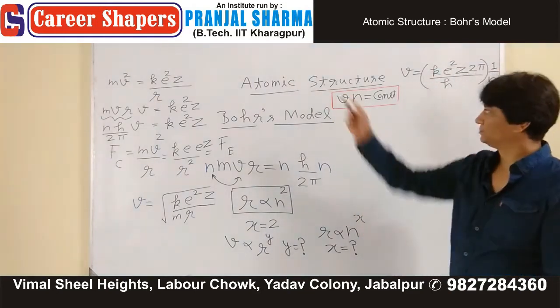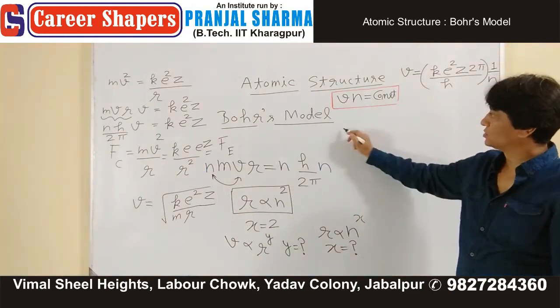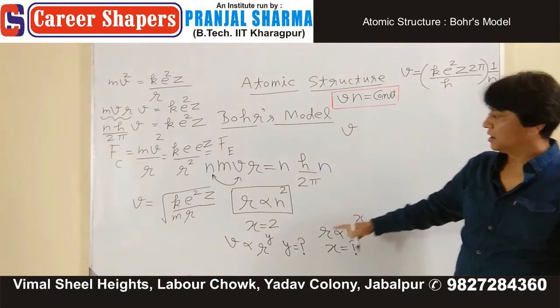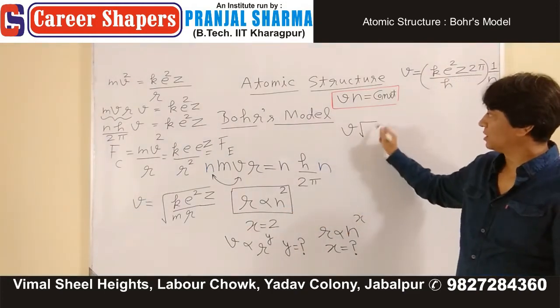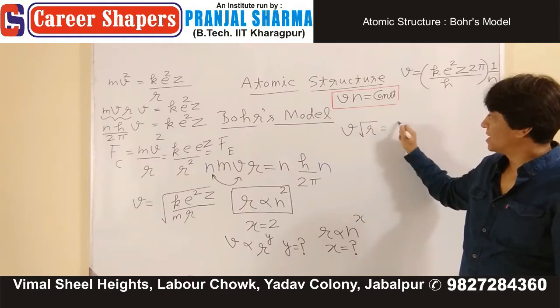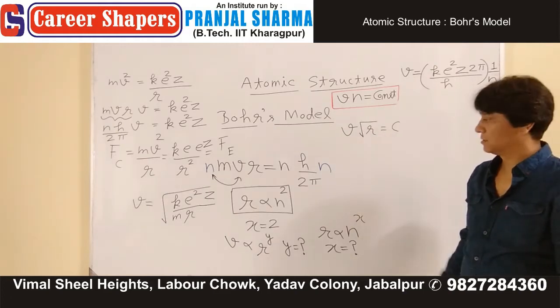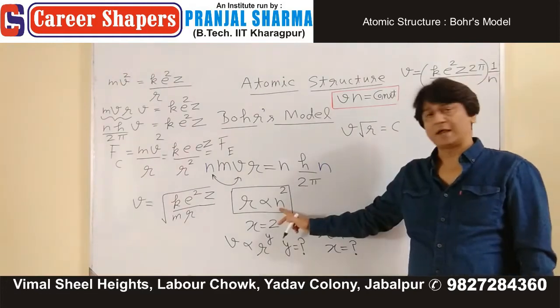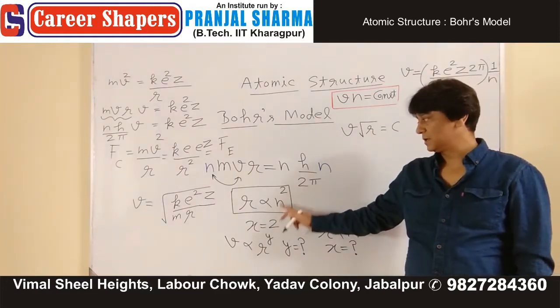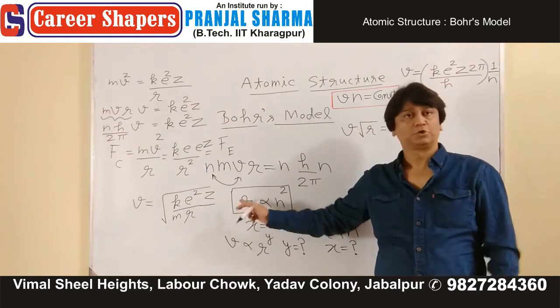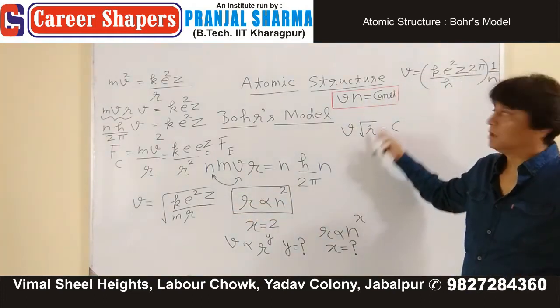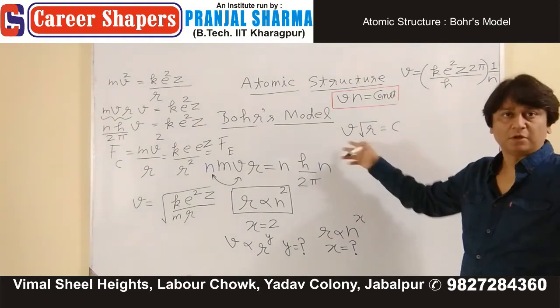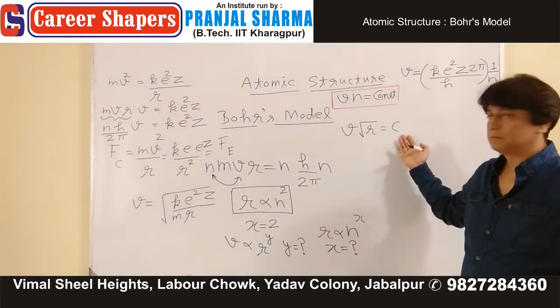Look here. Vn is constant. What is n? N is proportional to root R, and everything else is a constant. From this, what do you get? You get that n is proportional to square root of R. So replace this n with square root R. This constant and the other constants together will be what?